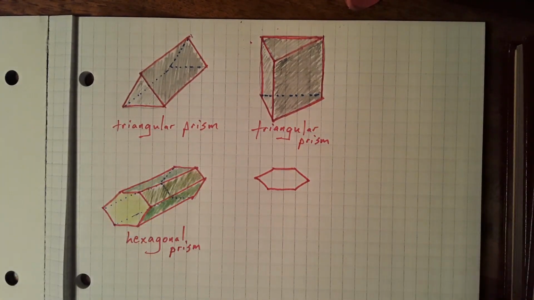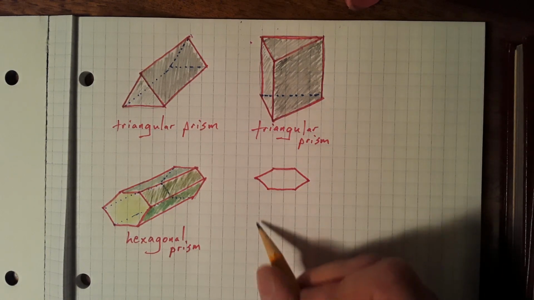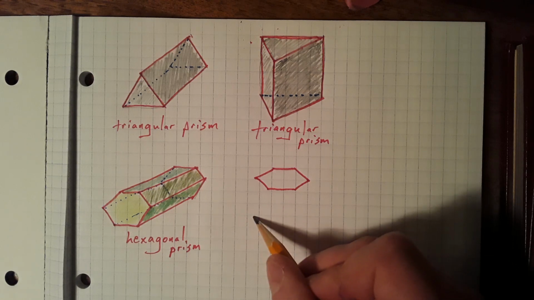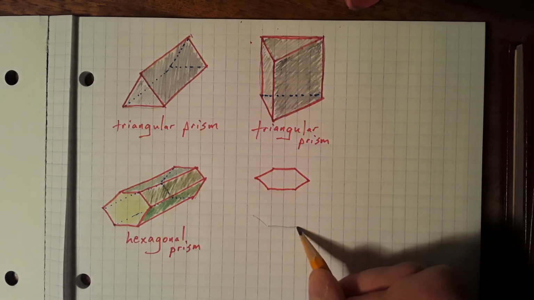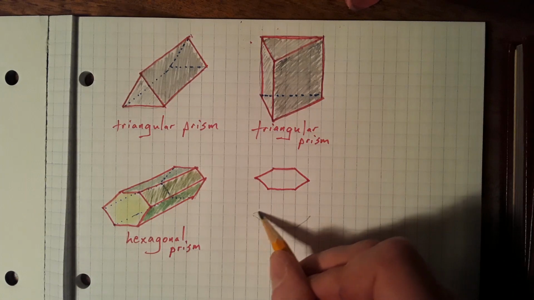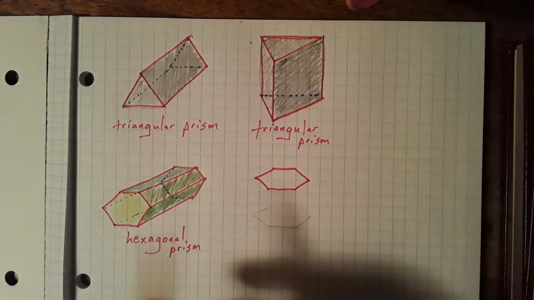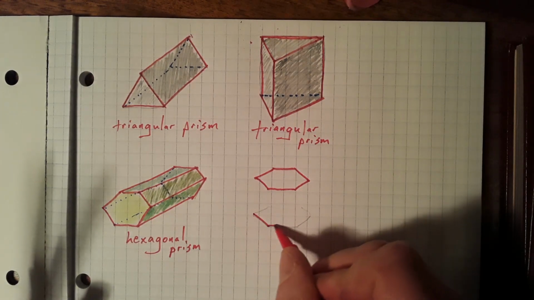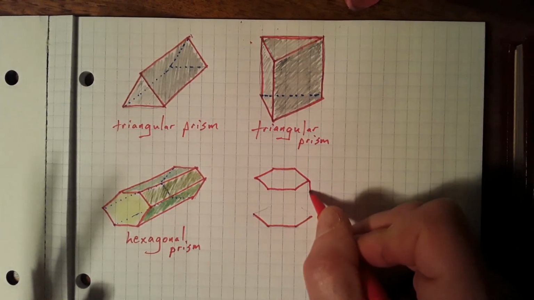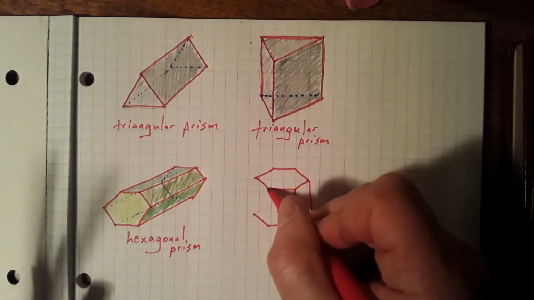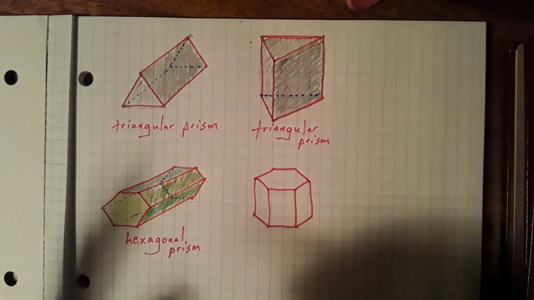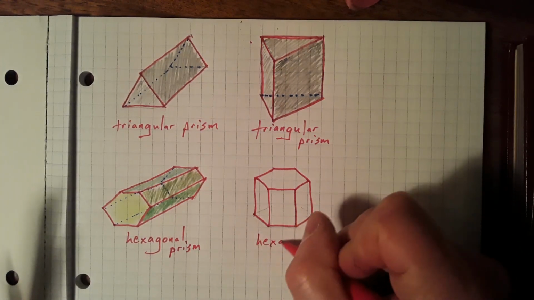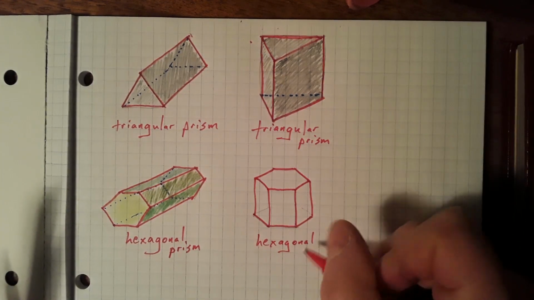You draw the same one below. Maybe this one is not so tall. It's like a stand for, I don't know, a trophy that you might have or something. So there we go. Another hexagonal prism.